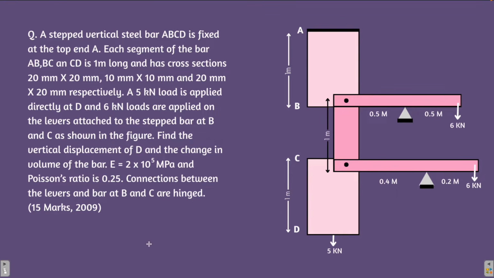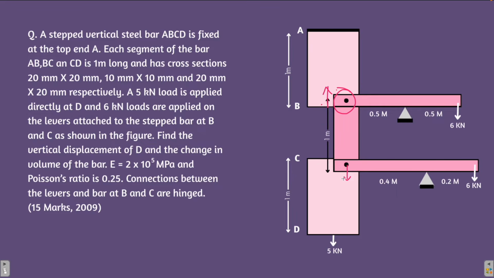Now, what about these hinges? What about these lever arms? What are we going to do? See, the forces are acting on these lever arms, and these forces are going to put some force over here in the hinge part, either upwards or downwards, whatever the force is going to be.